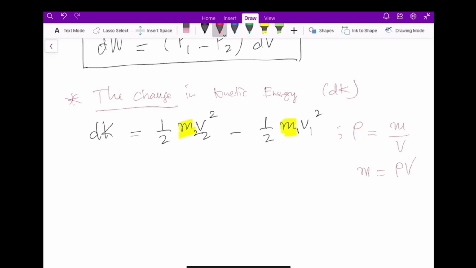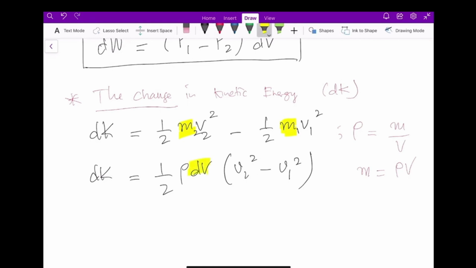So it gives us a simpler form that is readily available for the problems we are going to solve. So we can replace m with this expression. dK, basically, I can combine the two together, dV times V2 squared minus V1 squared, because dV here will tell us the change of the volume.